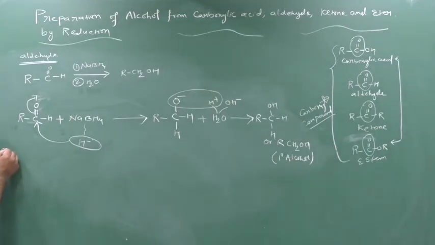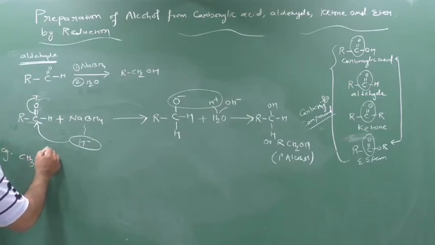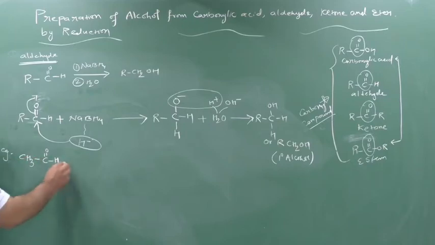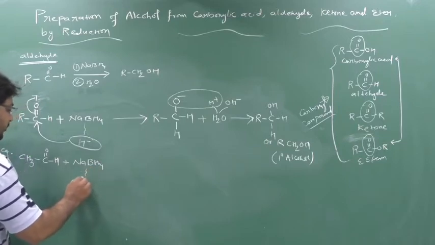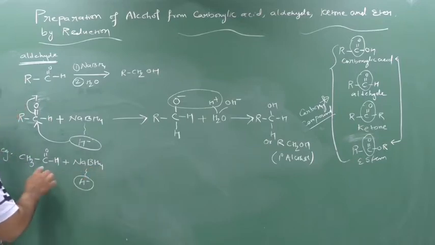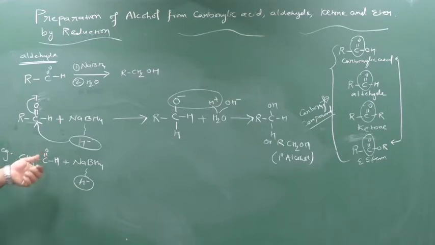So see the example. Suppose I have CH3, C double bond O, H. This is ethanal. Now I will react it with sodium boron hydride. This will form H minus. Now from this carbon and this oxygen, oxygen will have a partially negative charge and carbon a partially positive charge. So this H minus will attack on this carbon.